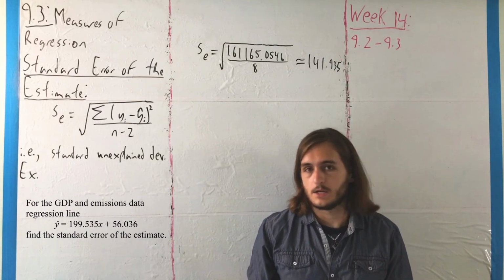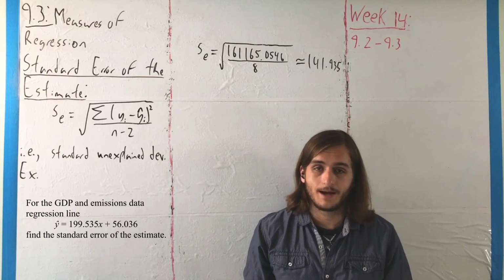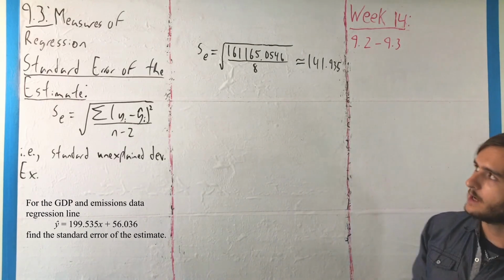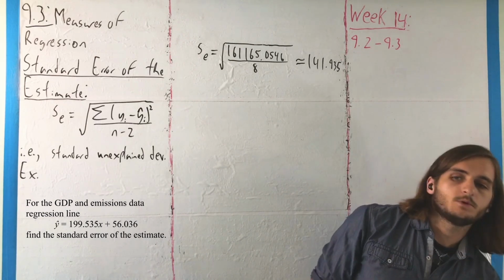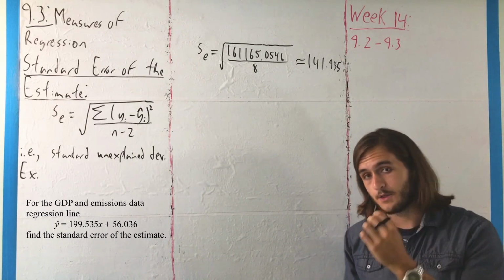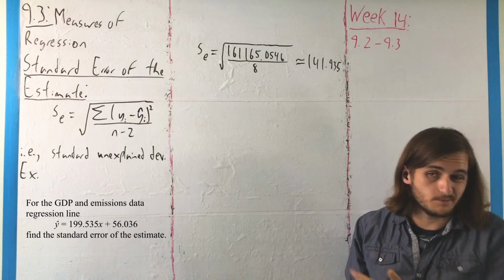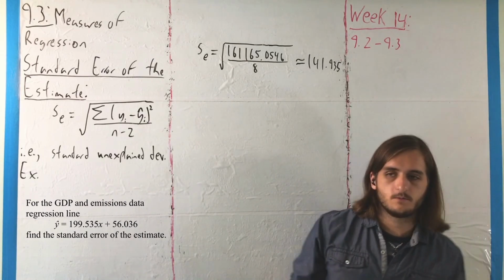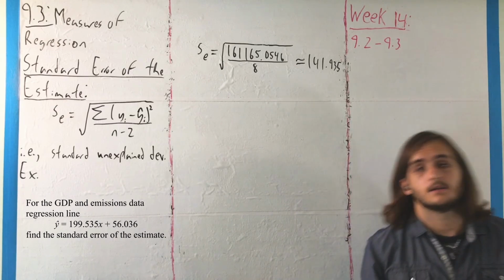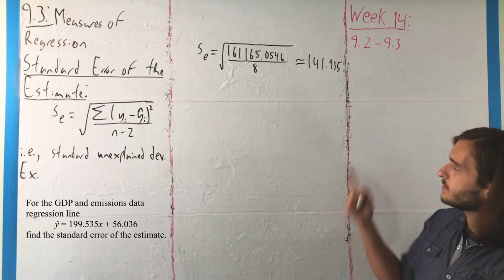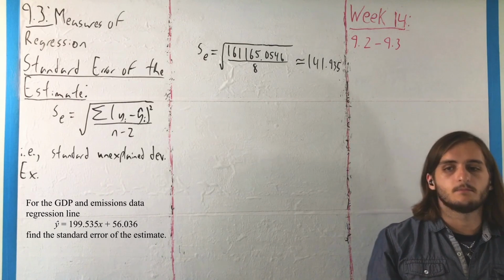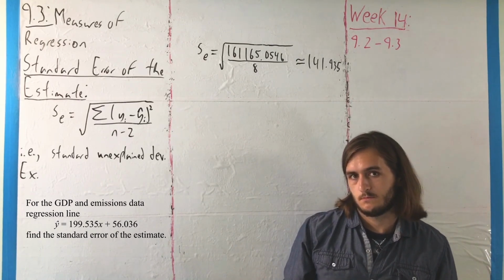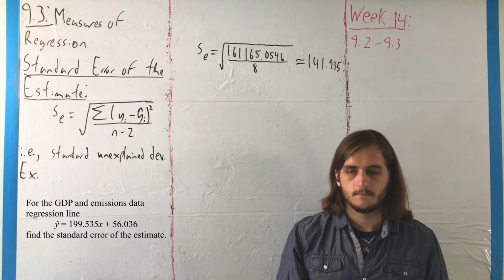Obviously, we'd like that standard error to be smaller to tell us that our model is more useful, more compact, more close together, but as you've seen with all of our other measurements, all of our other computations, this is actually pretty good. And we'll talk about that more with some examples from the homework that you'll see, and maybe some more stuff in class as you'll get practice with this. Just bear in mind that even though that's a pretty big number, all things considered, it's actually pretty good.